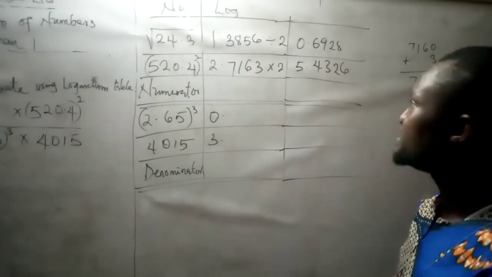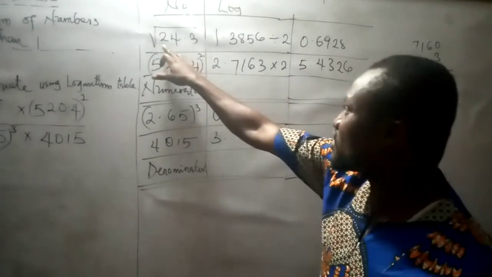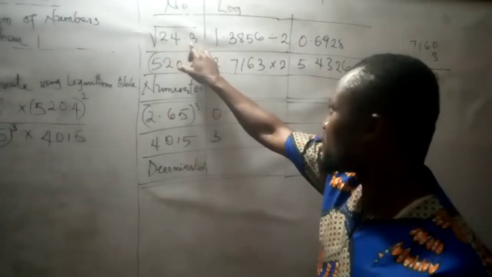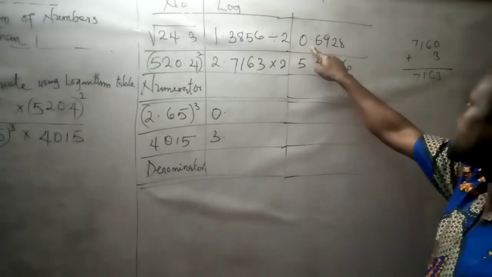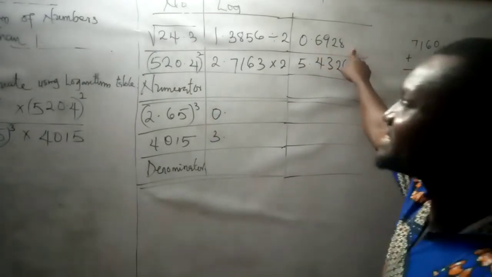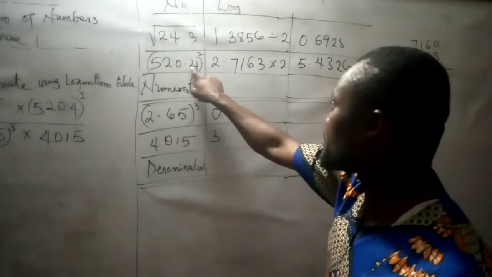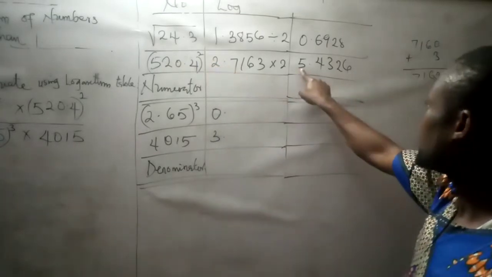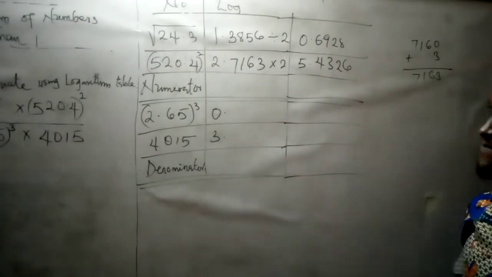So what we obtained here, the logarithm of square root of 24.3 gives 0.6928, while the logarithm of 520.4 squared gives 5.4326.